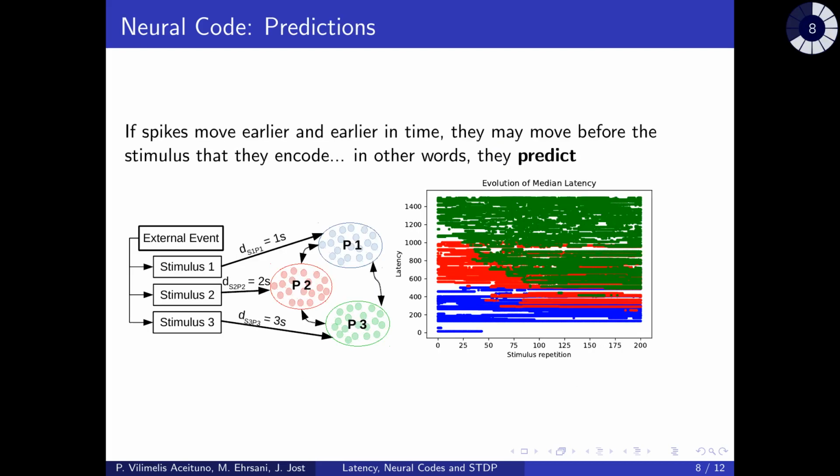Now there's another thing that you get if you do the latency reduction, and this is predictions. Imagine, for instance, that you live in a place where there's a lot of thunderstorms and lightning falls always in the same place. So you're sitting at home and you see lightning, so your visual cortex fires like crazy. And a couple of seconds later, your auditory cortex fires like crazy because you hear the thunder. And after you repeat that very often, a neuron in the auditory cortex would try to fire as early as possible, right?